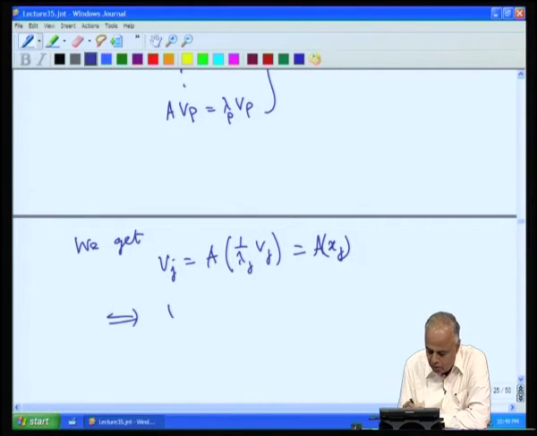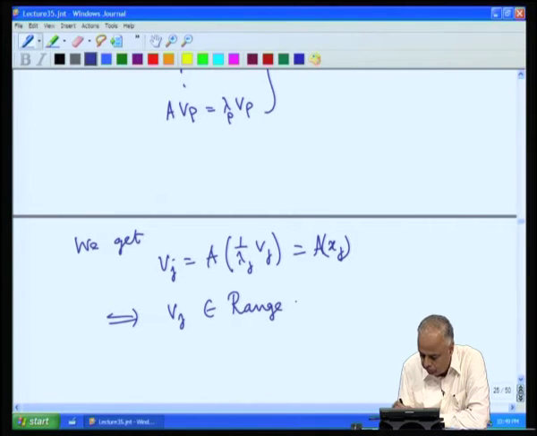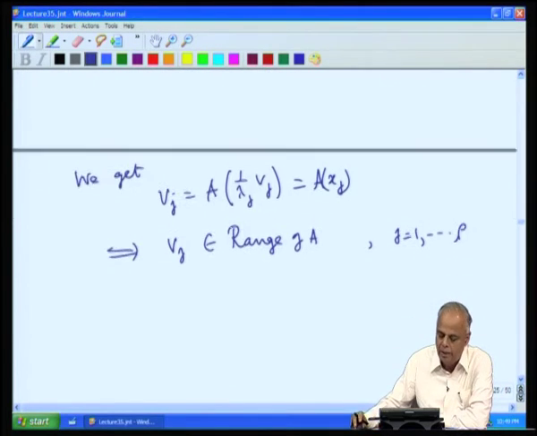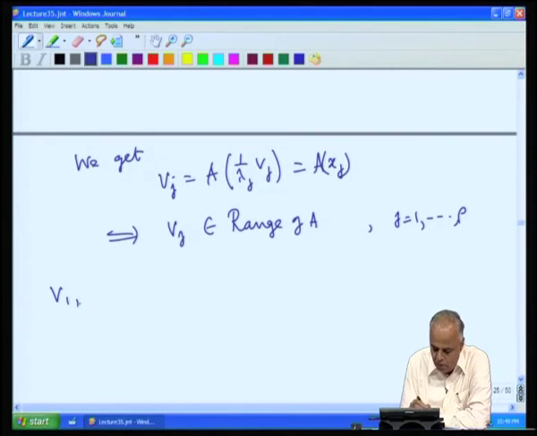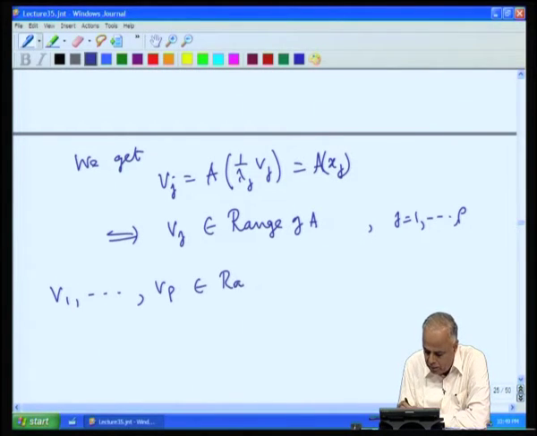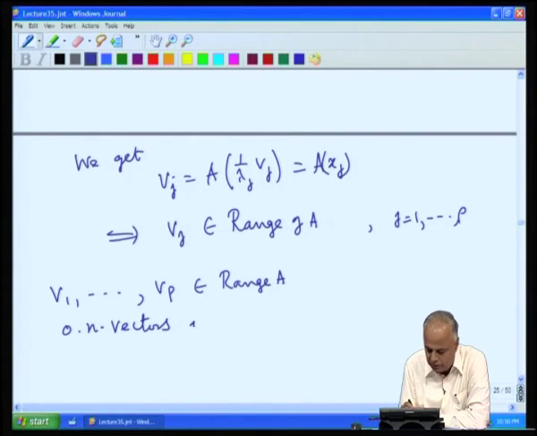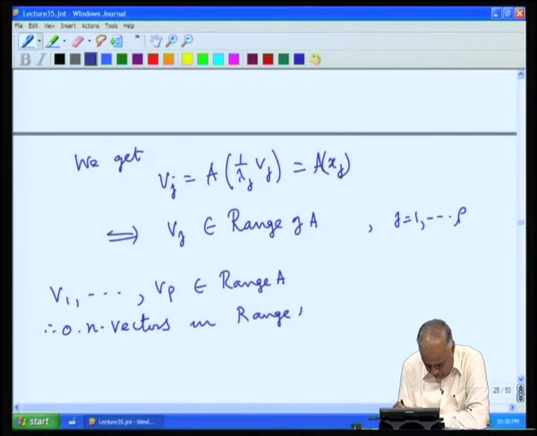Therefore, V j belongs to the range of A. This is true for j equal to 1, 2, up to rho, and therefore V 1, V 2, V rho are orthonormal vectors in the range of A.